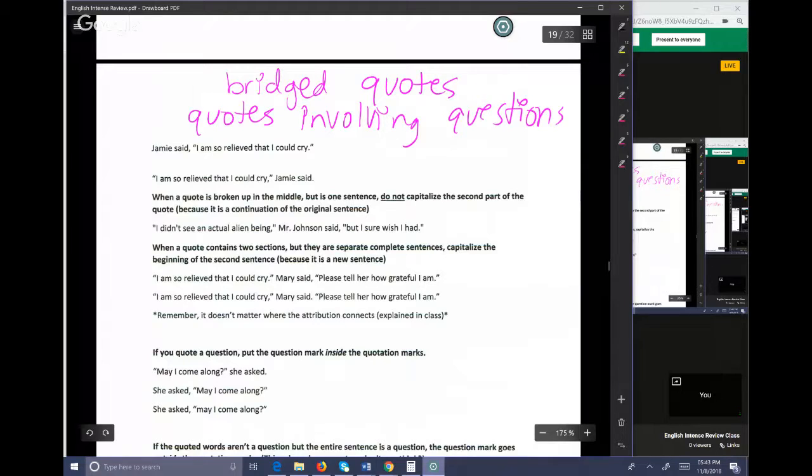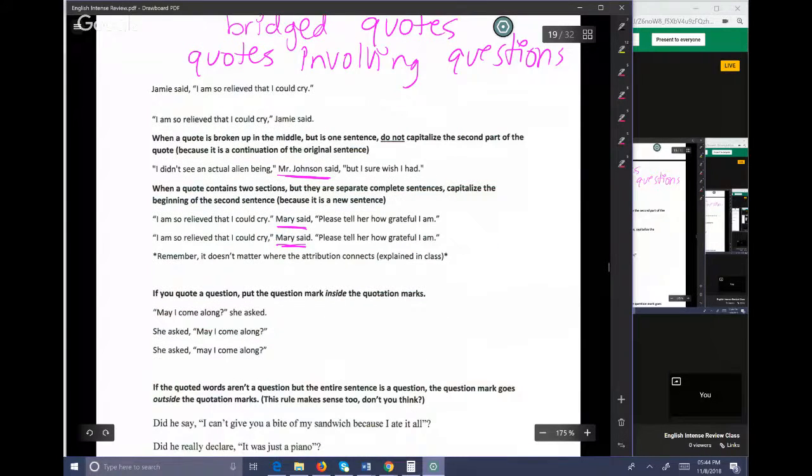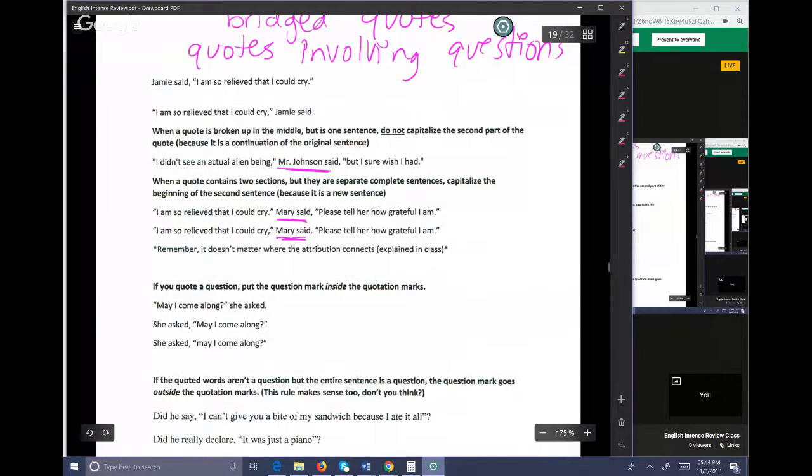A bridged quote is where they begin with somebody's sentence, and then they put who is talking, and then they continue what they were saying. I could speak in two separate sentences, or I could speak in one sentence.